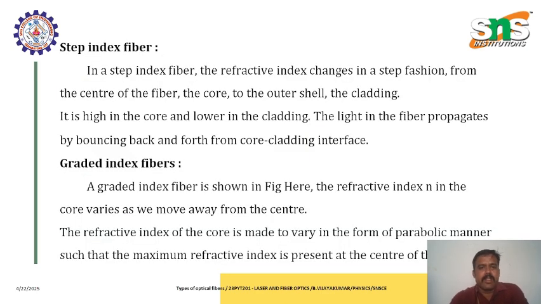In step index, the refractive index changes in steps from the center of the fiber, the core, to the outer cladding; it is high in the core and lower in the cladding. In graded index fiber, the refractive index of the core varies as we move away from the center, so we get a parabolic path of transmission waves.